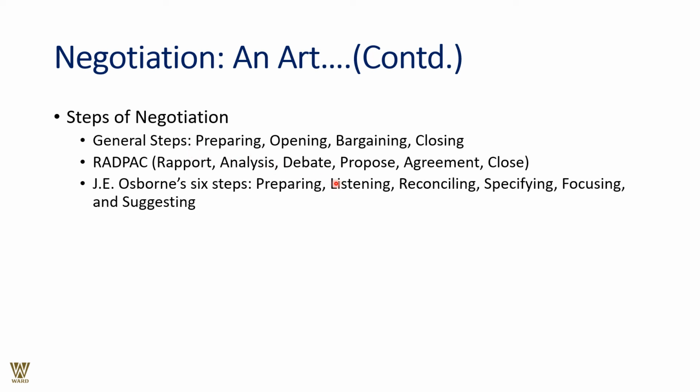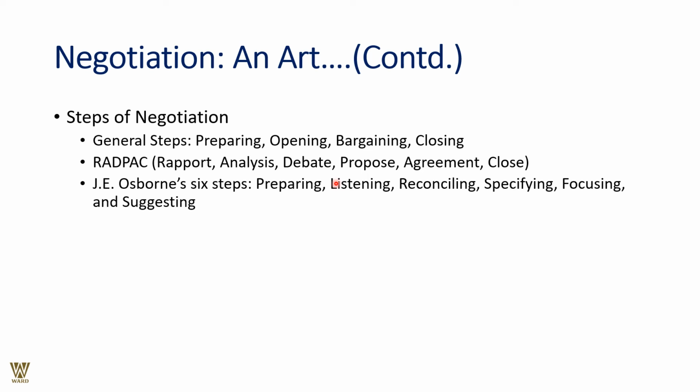So we have a preparation stage, the opening stage, the bargaining stage, and the closing stage. Remember, opening and bargaining are the actual negotiation. Preparing is where you prepare all your documents, all your requirements, all your feedback, all your sentiments, and ensure it out.